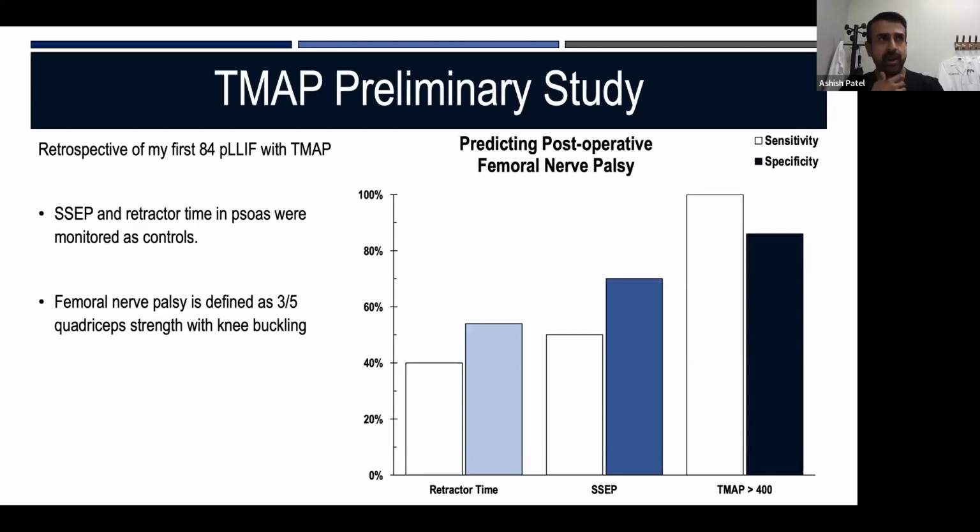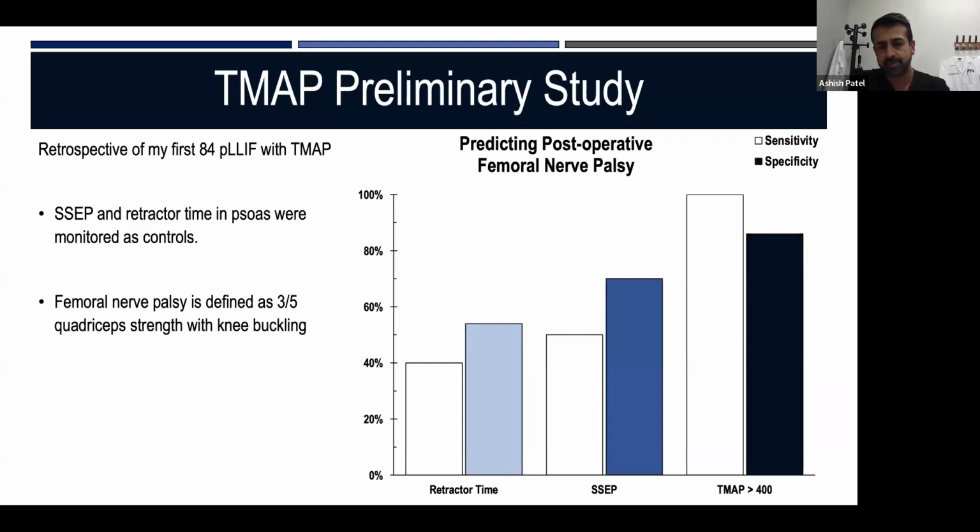Because there's nuance around what weakness is, you can have poor effort, you can have pain, you can have a 4 out of 5 hip flexor, maybe a 4 out of 5 quad. We defined an issue as 3 out of 5 or knee buckling during the postoperative phase, right?